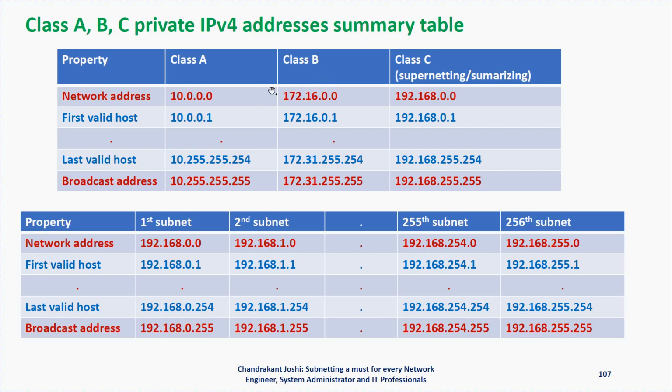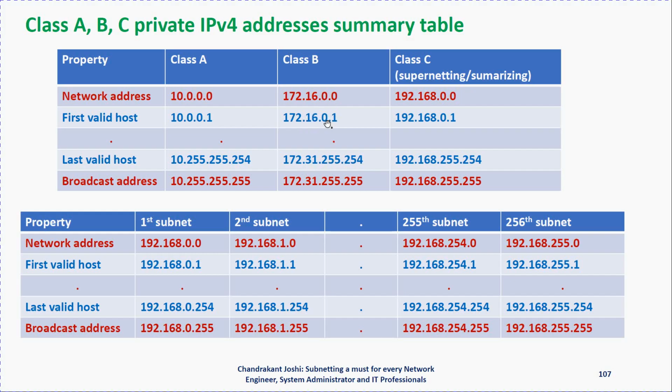Likewise for class B, the network address of the free IPv4 addresses in the class B range is 172.16.0.0 and its broadcast address is 172.31.255.255, and this is the first valid host, this is the last valid host.